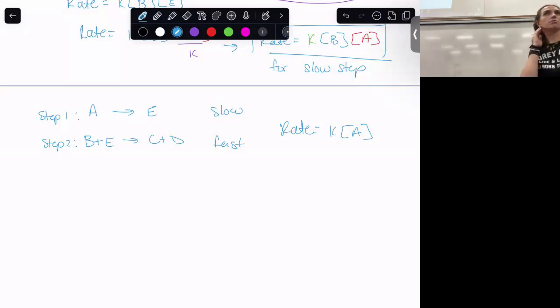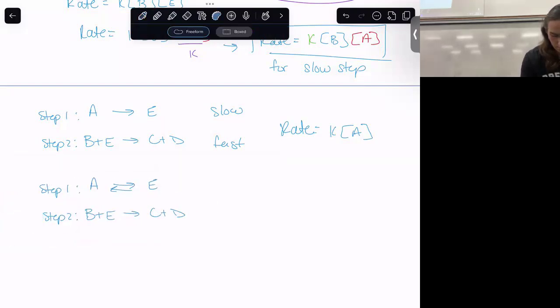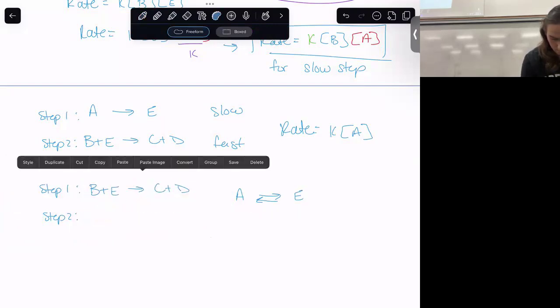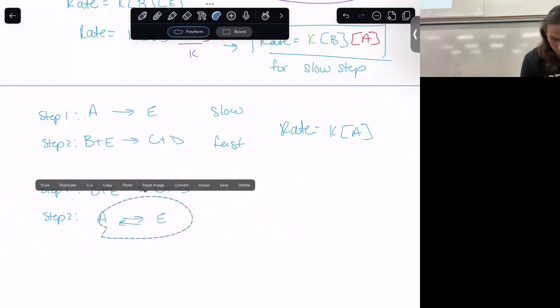Does that make sense? But it doesn't matter if the slow step is first and the fast is second? Not in this particular one, but if you had step one and step two switched, with B plus E reacting to the C plus D at the top being your slow step, and the other one your fast step, you would still have to manipulate the equation.